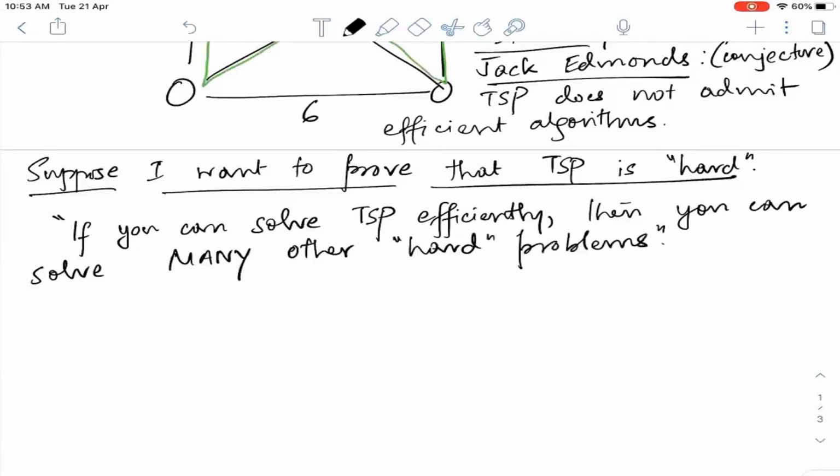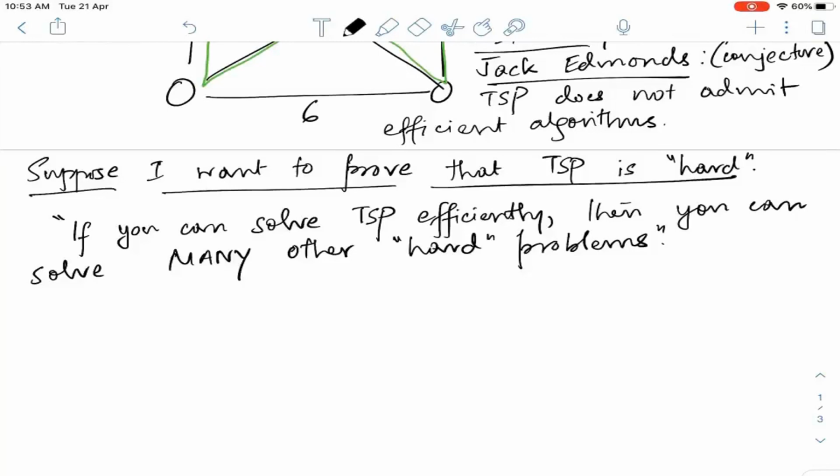Okay. So, in order to convince ourselves that TSP is really hard, one way to do it is to prove the following thing: that if you are able to find an efficient algorithm for TSP, then you will find an efficient algorithm for many other problems with which people are stuck for a long time.